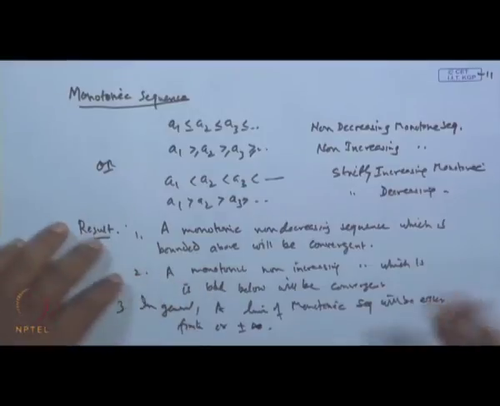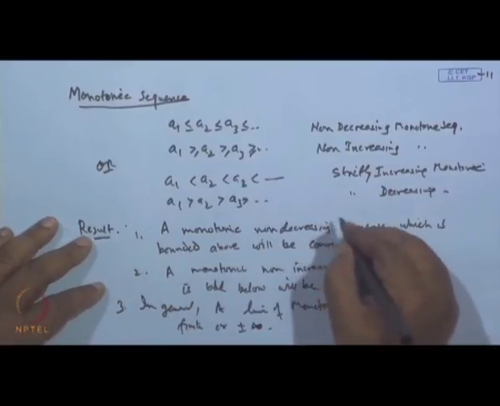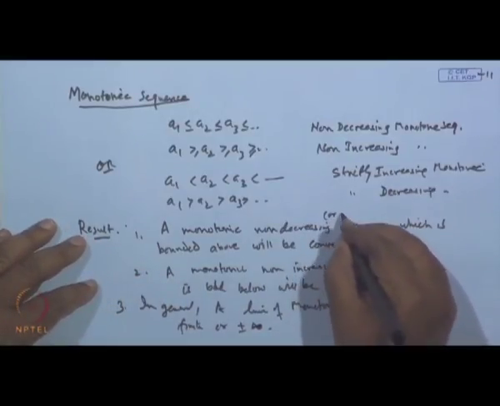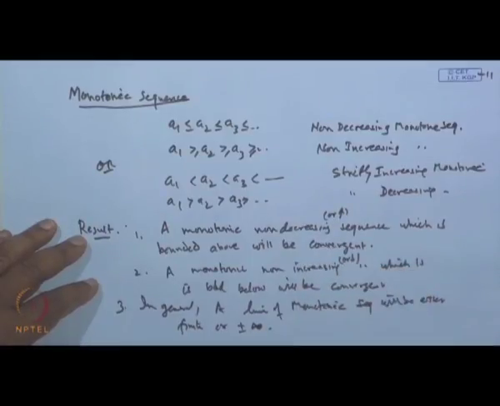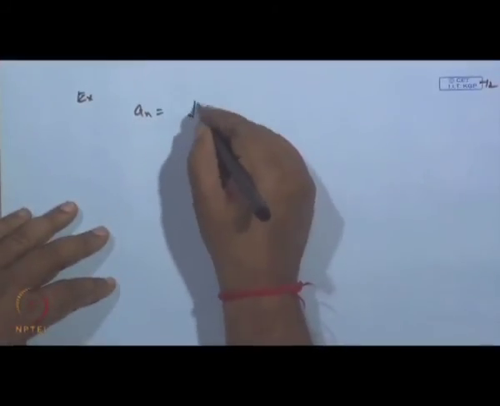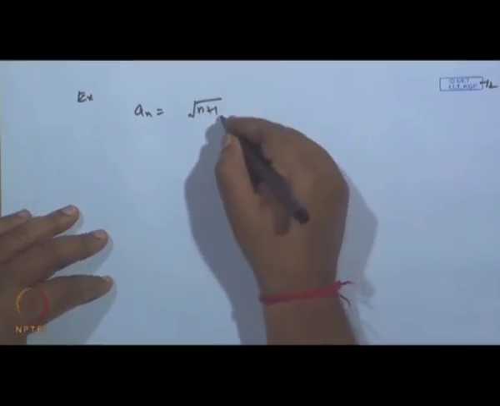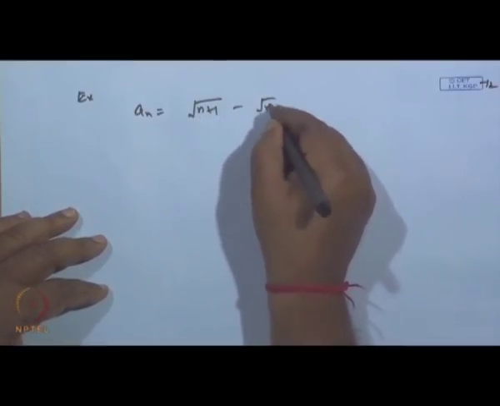So, the sequence is either monotone non decreasing or strictly increasing or strictly decreasing. Now, this will also be used to find limits. Suppose, for example, we take the sequence A n as under root n plus 1 minus under root n, and I ask what is the limit of this.